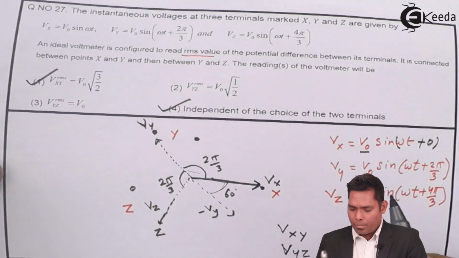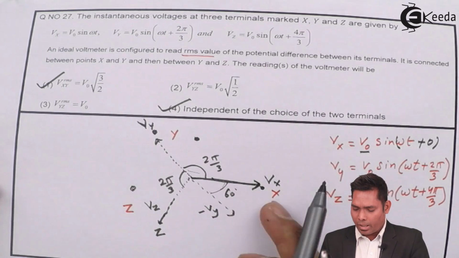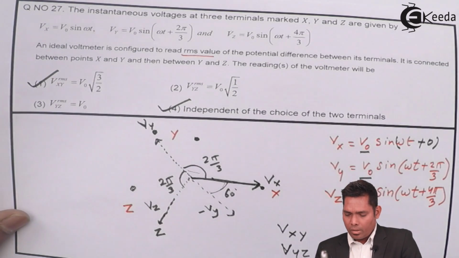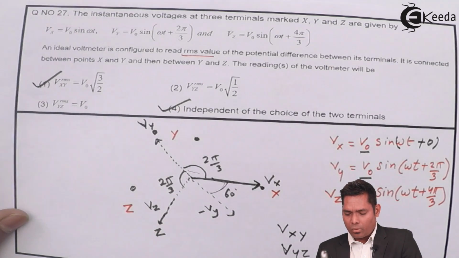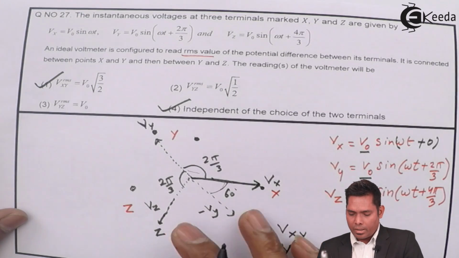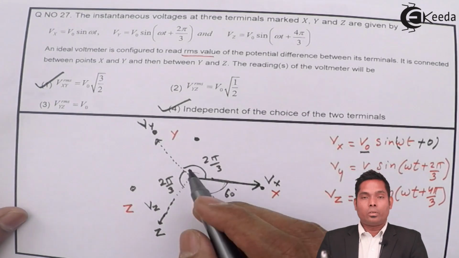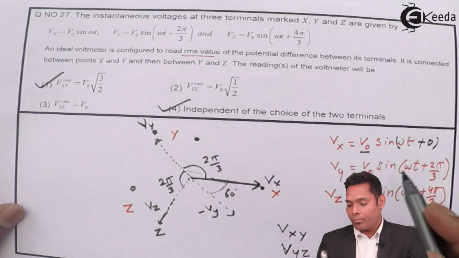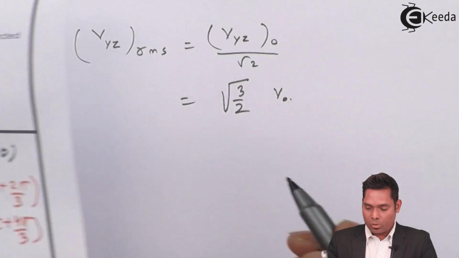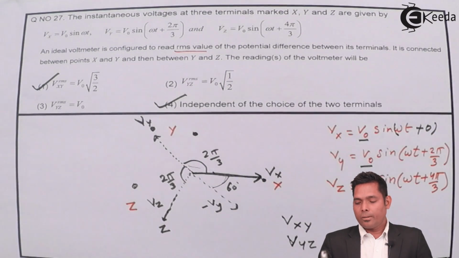That is also correct, because the difference between these two, or these two, even X and Z, is the same, since each one is leading the other by a phase of 2 pi by 3. Therefore option D is also correct, that it is independent of the choice between the two terminals. Okay, thank you.